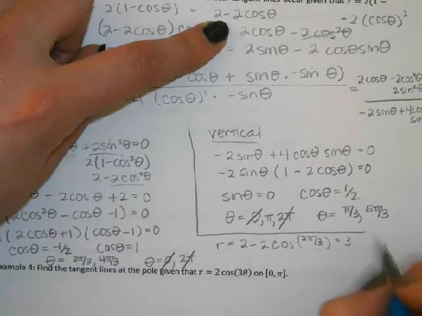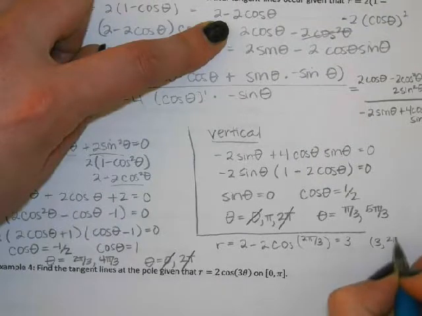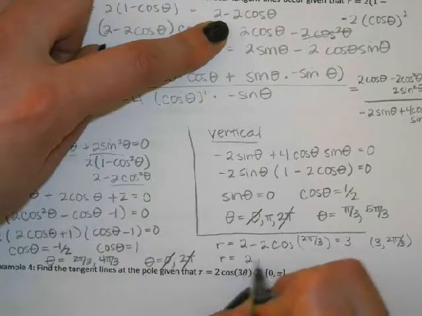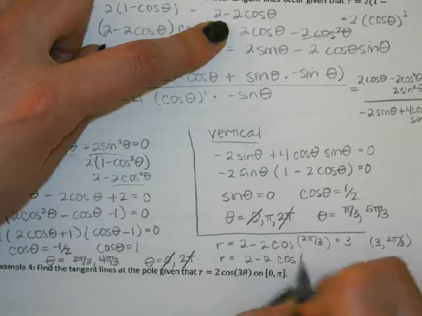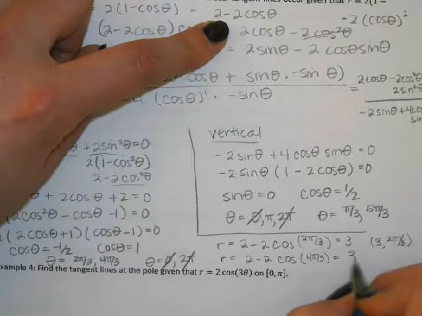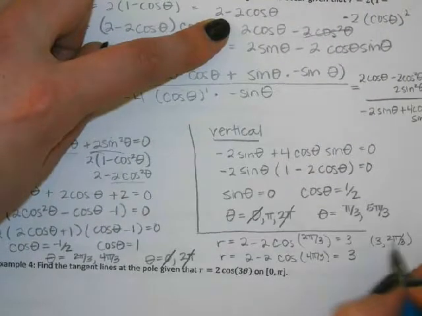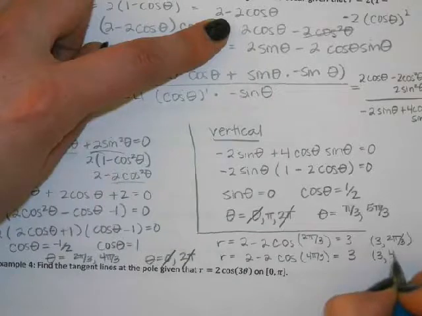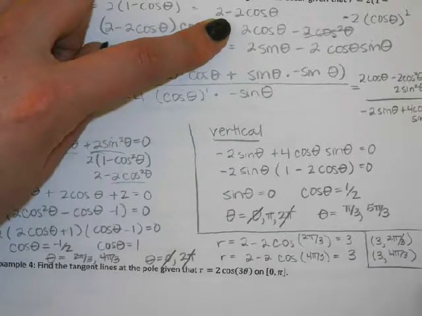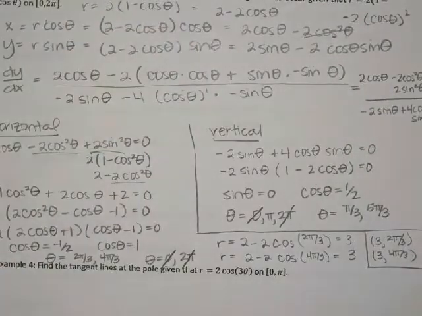So that's the point (3, 2 pi thirds). And then the other one is 2 minus 2 times cos of 4 pi thirds. Luckily that still equals negative 1/2, so that's the same. Good job. Okay, so there are the points where we have our horizontal tangent.